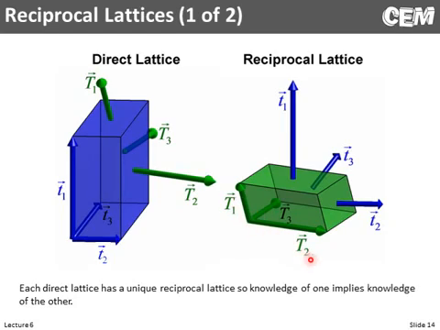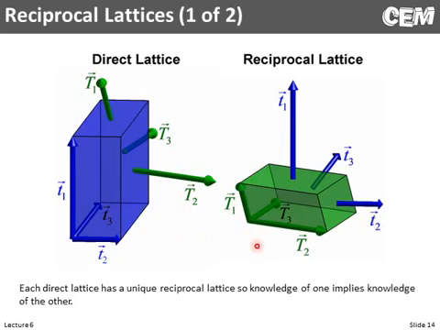Now, likewise, we could pair these off. If we pair off T1 and T2, these 2 vectors define a plane. We can look at a vector that's perpendicular to that plane, and we can make its magnitude 2 pi divided by the spacing between the planes. If we do that, we're going to get t3, which is one of our original translation vectors for the direct lattice.